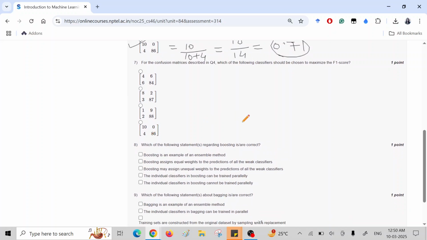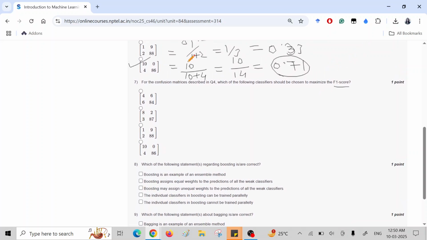Then for the last question, for the confusion matrices described in question number 4, which of the following classifiers should be chosen to maximize the F1 score? Again we need to understand the definition of F1 score.